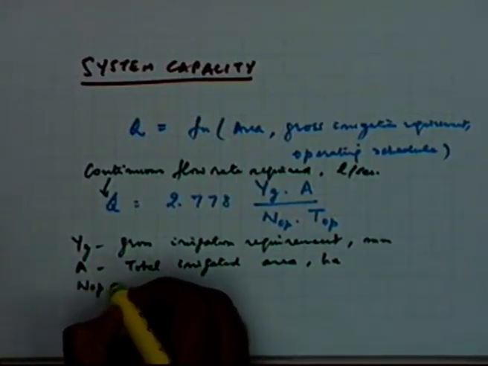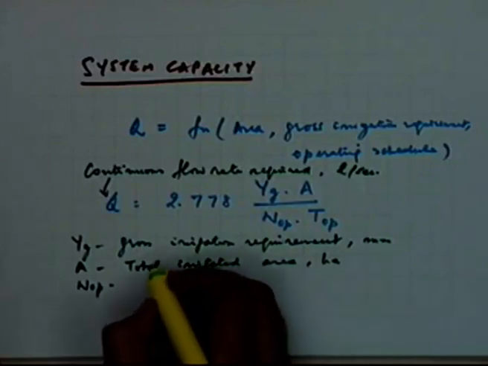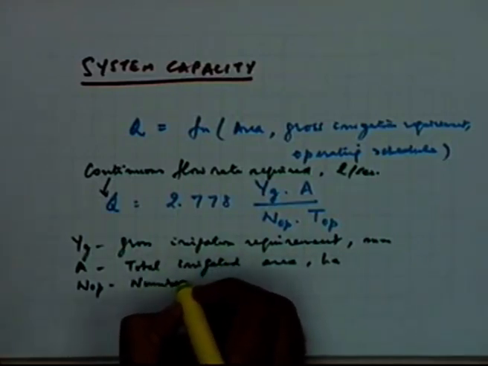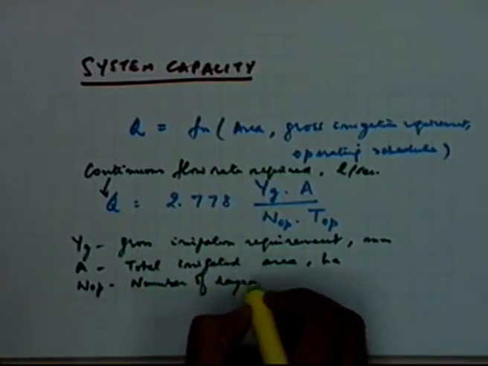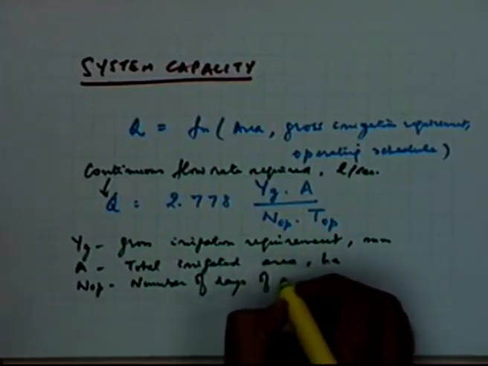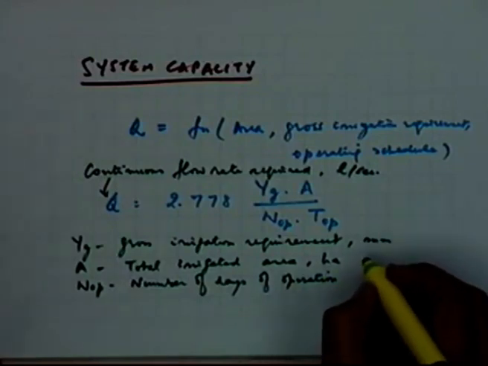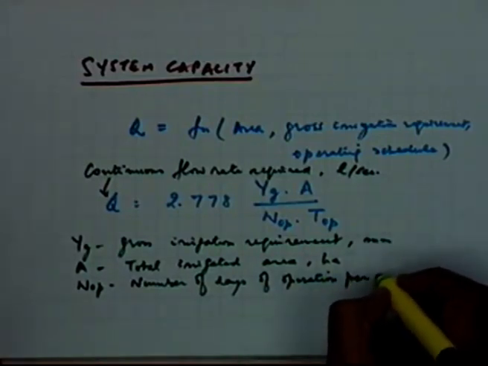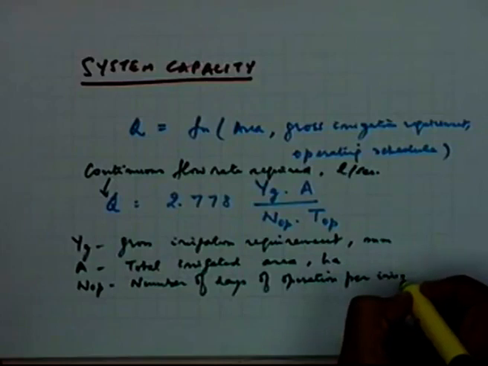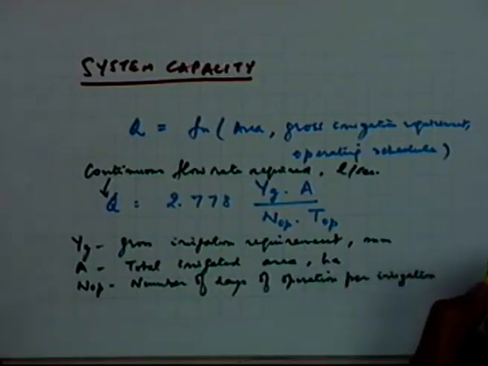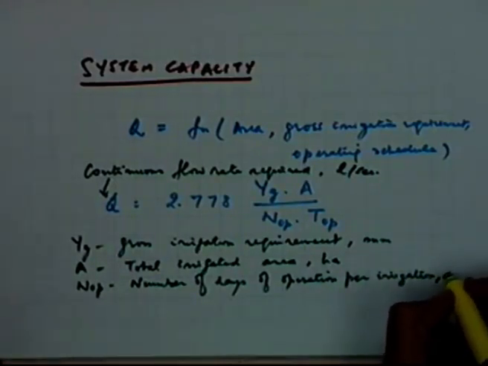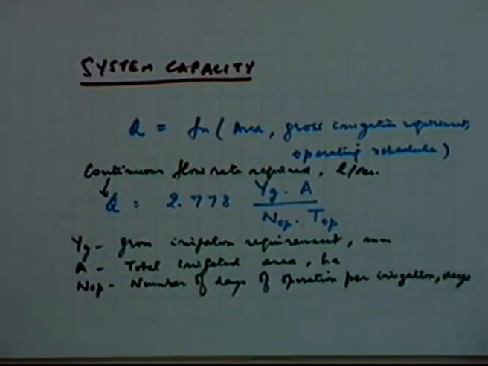And NOP is the number of days of operation per irrigation interval, in days.